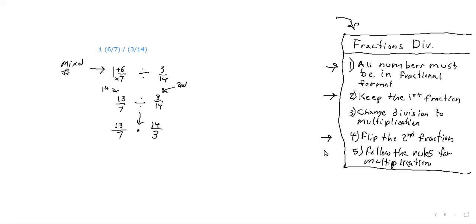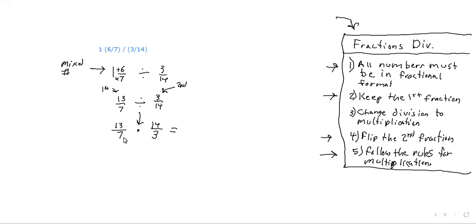And then finally, we're going to follow the rules for multiplication. When you're multiplying fractions, you multiply across the bottom, you multiply across the top, and anything that matches in the top and bottom, whether it be units or factors of numbers, will cancel each other out.